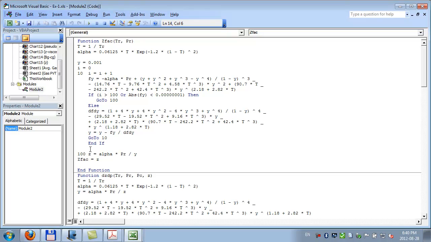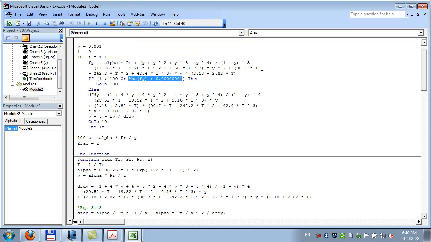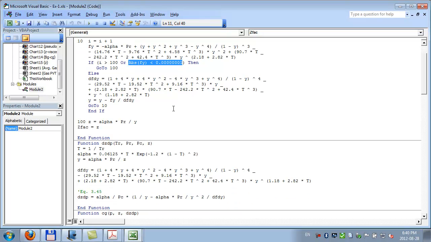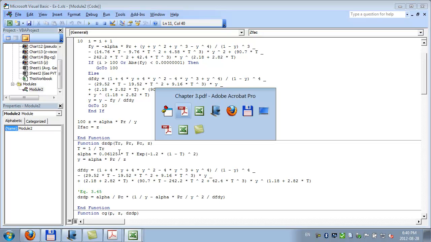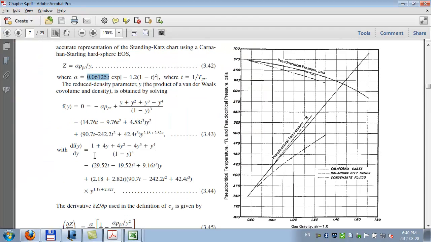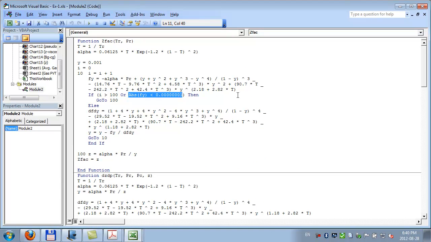It'll go time and time again until it finds something. It says it'll give you 100 tries, and it's trying to drive this function to 0 or something close to 0. So if you're interested in programming, this is the derivative that's given here. So anyway, that's what's there.